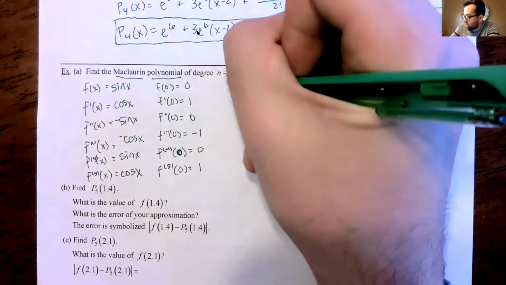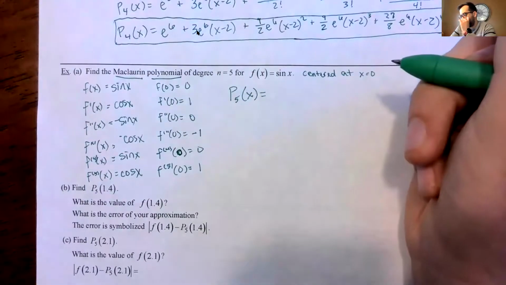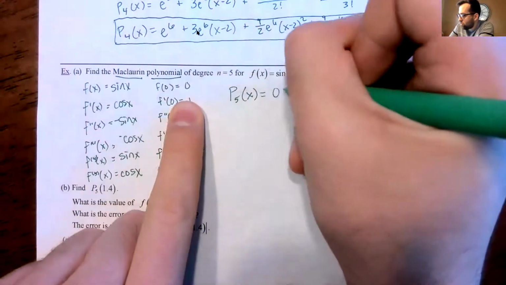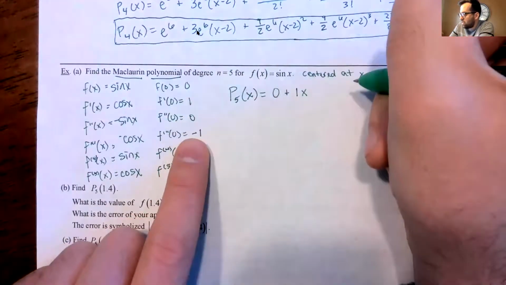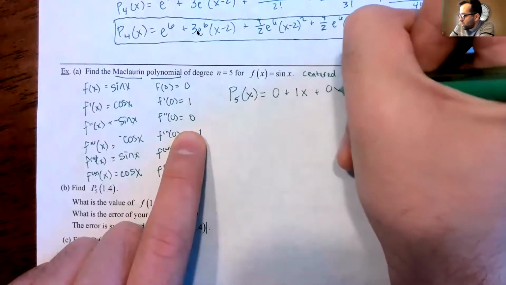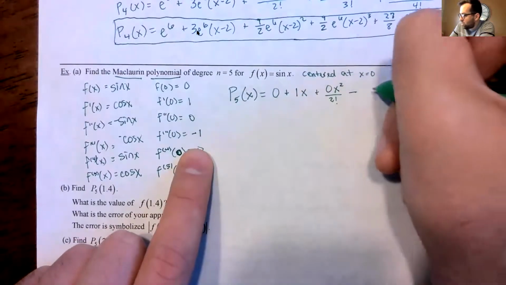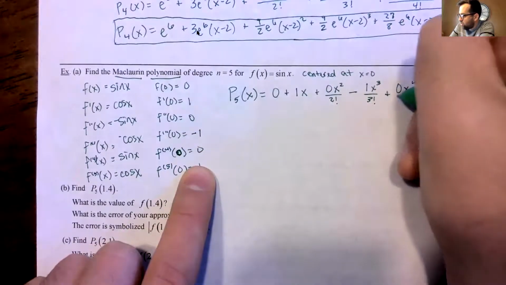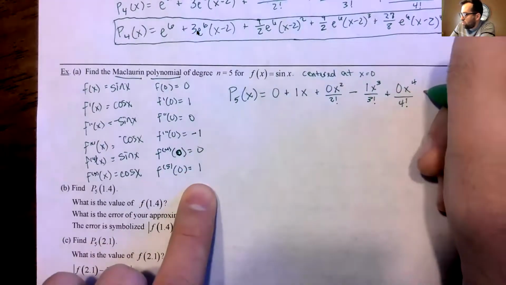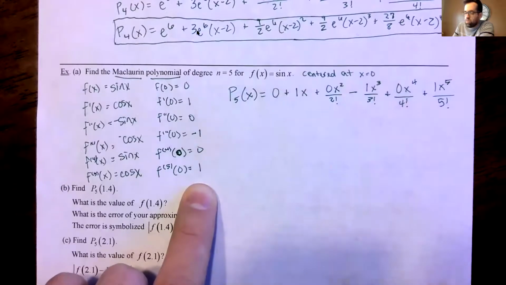So we are going to have a 5th degree Taylor polynomial. And so I'm going to start with 0 plus 1x plus 0x squared over 2 factorial minus 1x cubed over 3 factorial plus 0x to the 4th over 4 factorial plus 1x to the 5th over 5 factorial.